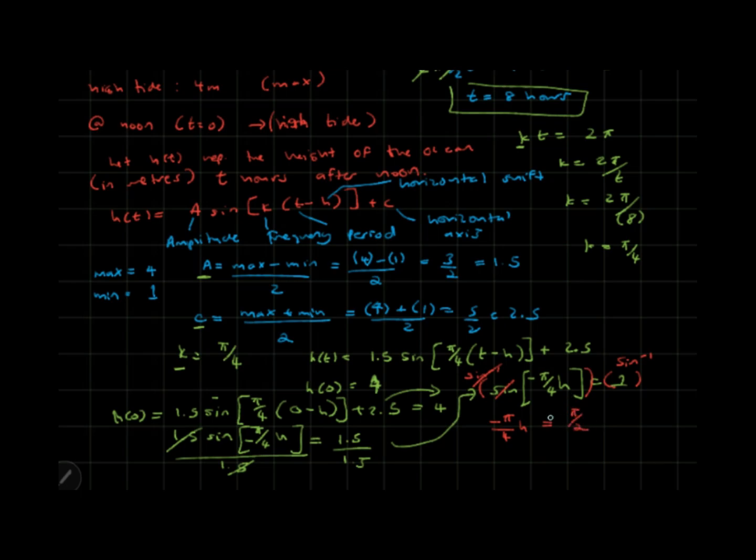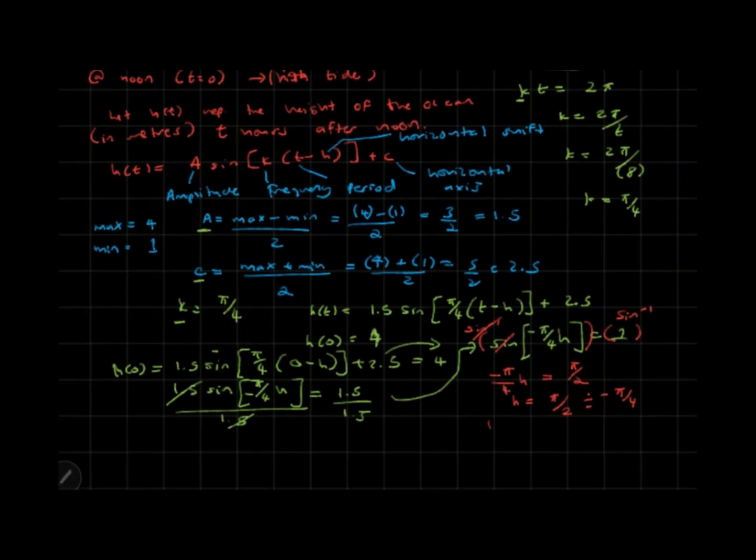That's 90 degrees, right? And h here is basically pi over 2 divided by negative pi over 4, which is pi over 2 times negative 4 over pi. That cancels out, h is equal to negative 2.